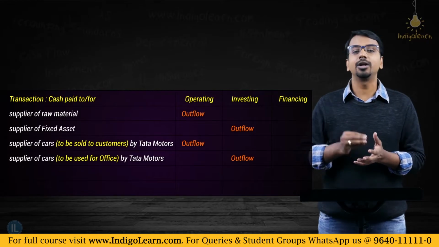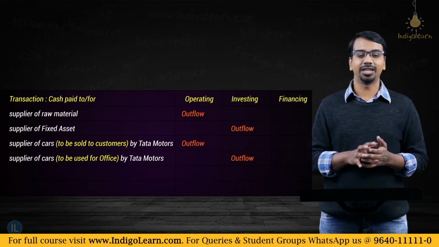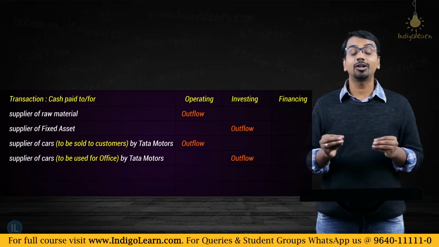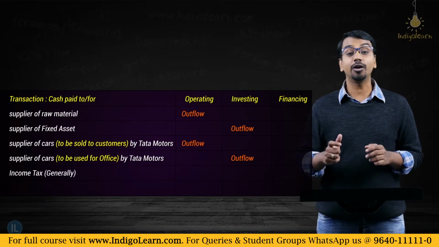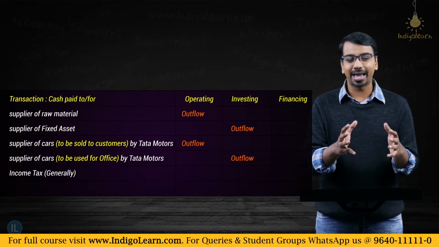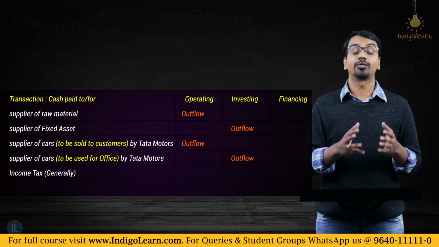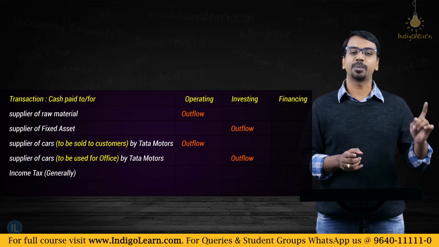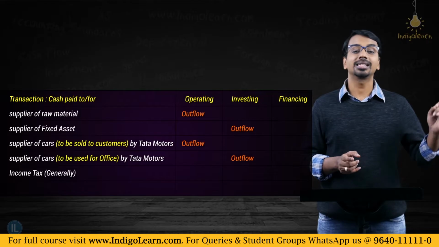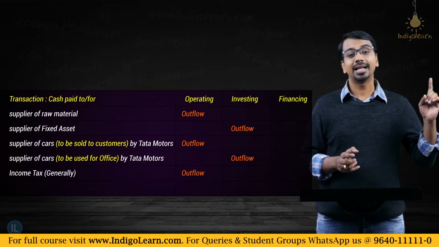Then, if you make payment to suppliers, you will say cash outflow, operating activity. If you make payment of income tax, how should you classify? Income tax is paid on the profits earned, and the profit is earned out of operations. So income tax paid will be classified as cash outflow from operating activity.